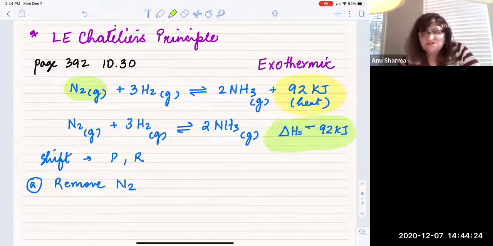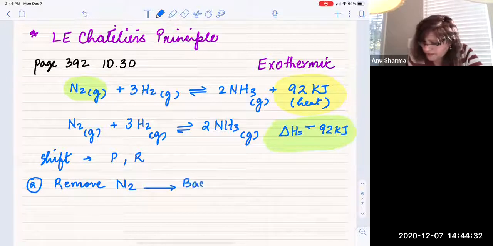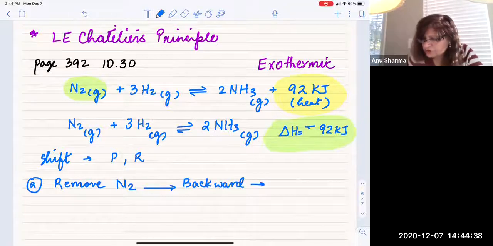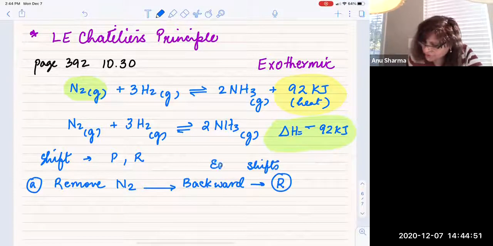So in that case, it moves in the backward direction, in the direction of the reactants. It will want to produce more reactants. So the shift is going to be towards the reactant side. So the equilibrium shifts to the reactants, we're going to put it like that.